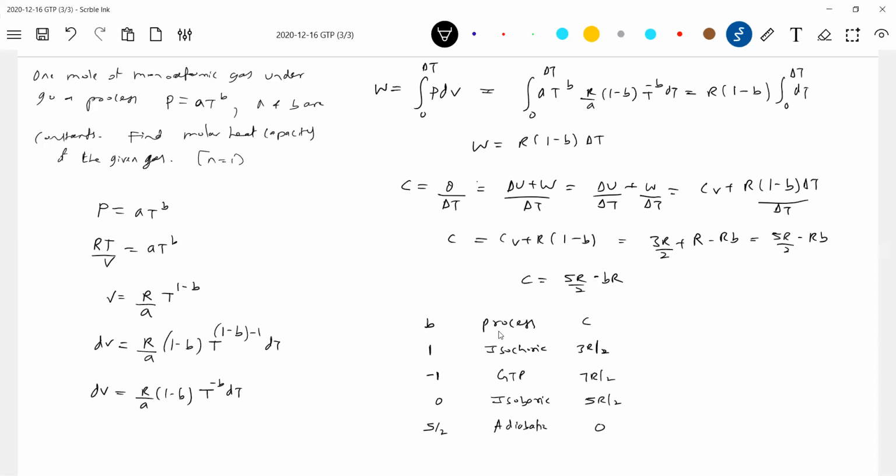See, just by varying B, I'm making it undergo these processes. This is what thermodynamics is. Thermodynamics is not just plotting graphs or finding efficiency. This is thermodynamics: a cylinder filled with gas, there is a piston, mechanical work. If you want to become an engineer, you should think like this.